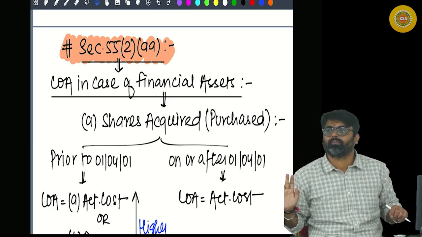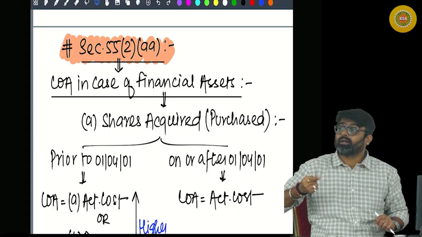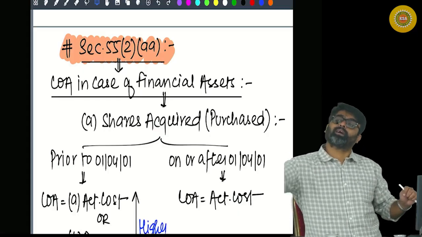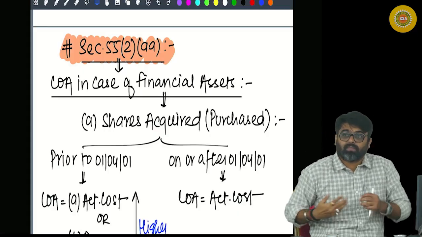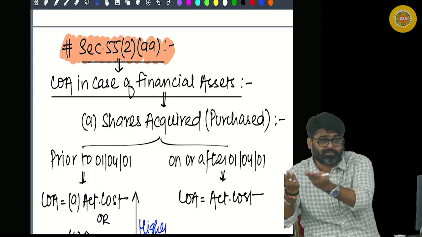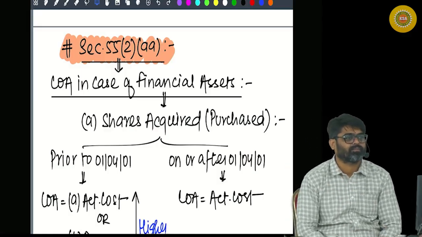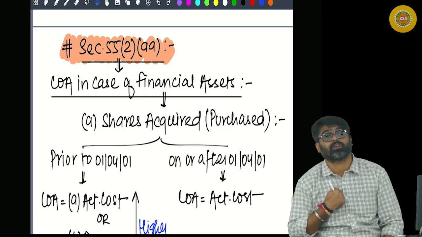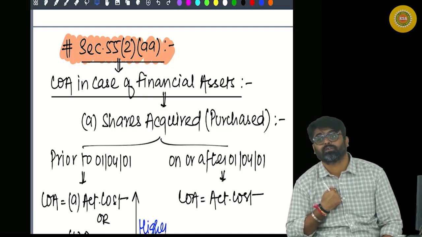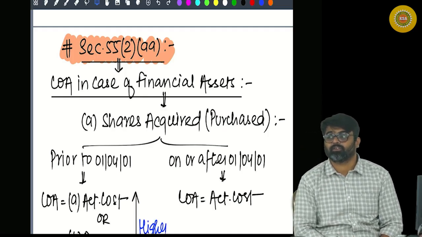Getting my point? Now wait, if the asset was acquired by the assessee by way of mode specified under section 49, cost to previous owner shall be deemed to be the cost in the hands of the assessee.